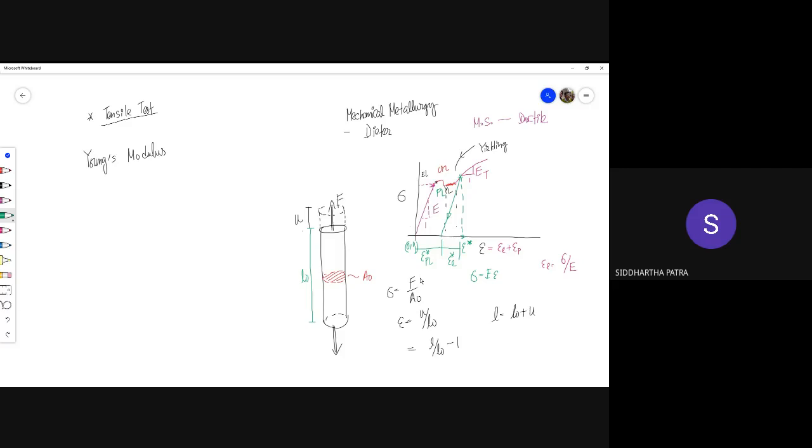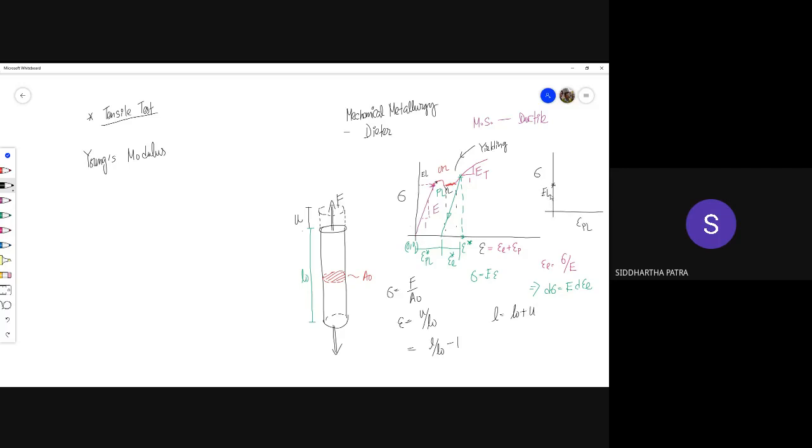So that basically means, from this relation I know d sigma is E times d epsilon e. And in the stress versus plastic strain diagram, that actually starts over here, at the yield point, or you can call it the elastic limit.